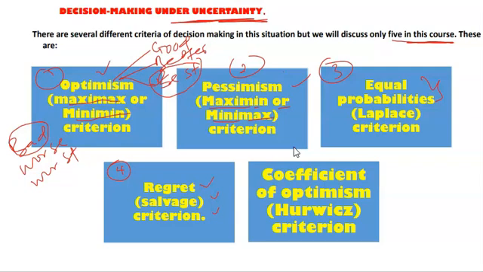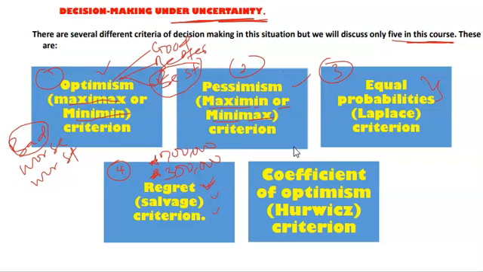For instance, at this point you are regretting. You invested in a business that brought a profit of 300,000 naira, for instance. Meanwhile, there is also a decision alternative that if you had invested in that alternative, you would have gained a profit of 700,000.